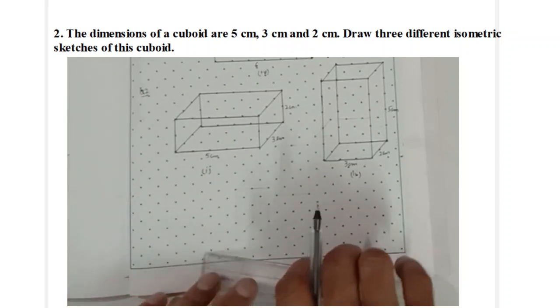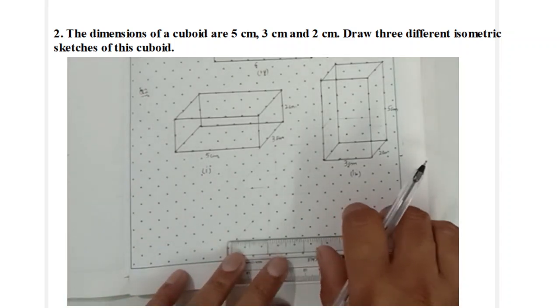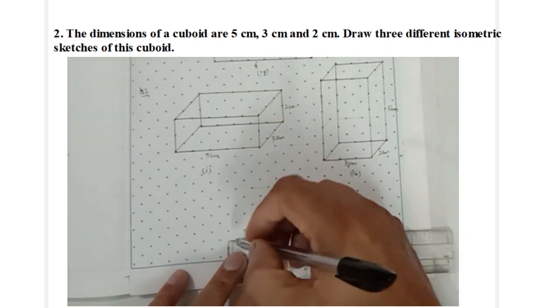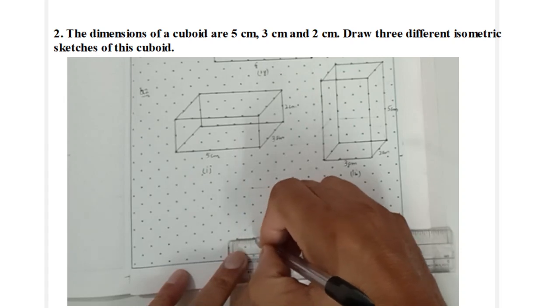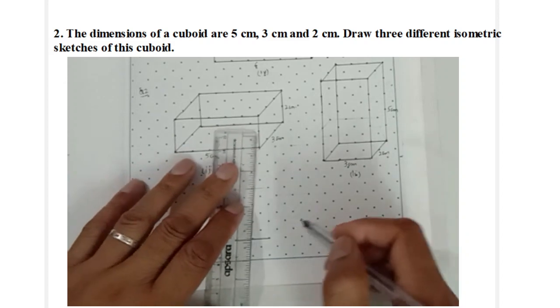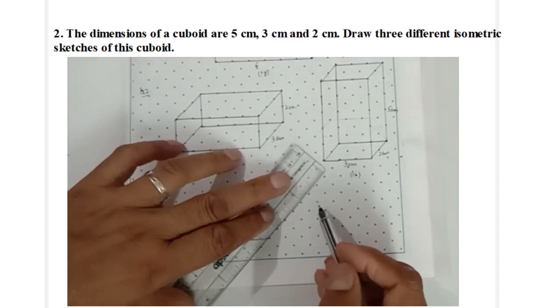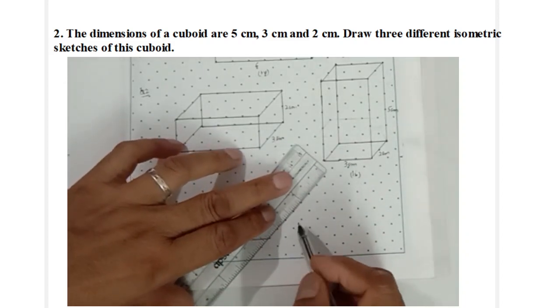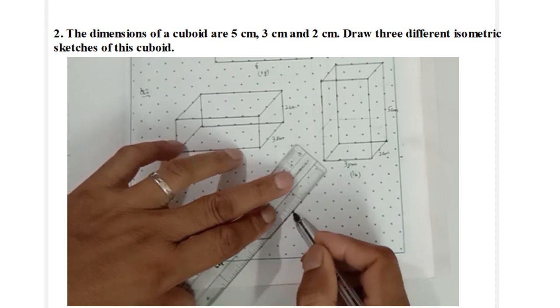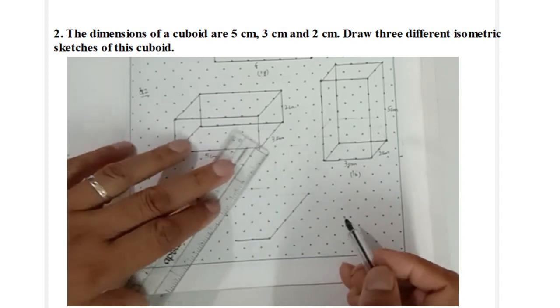Now in the third case, let us take length as 2 centimeter. Here 2 centimeter means 2 dots, 1 and 2. Then take breadth as 5 centimeter, that is 1, 2, 3, 4 and 5.